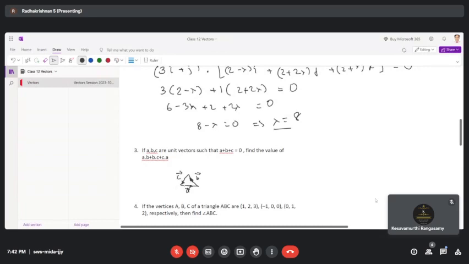So each magnitude is 1. A, B, C are unique vectors. We see that the magnitude of A is equal to the magnitude of B, equal to the magnitude of C. What can we say about this triangle then?